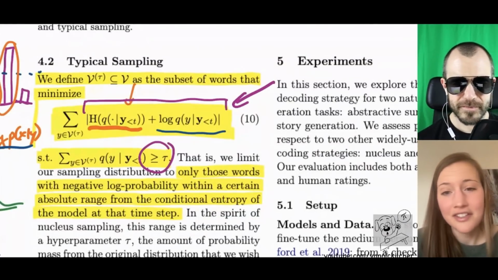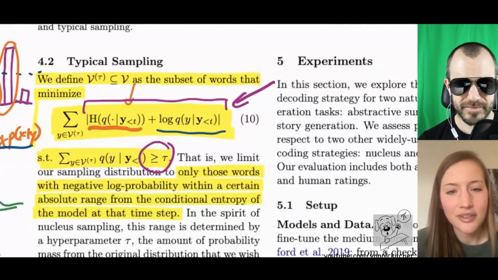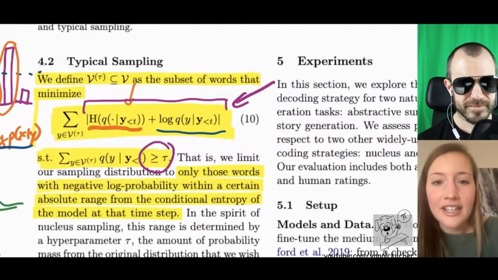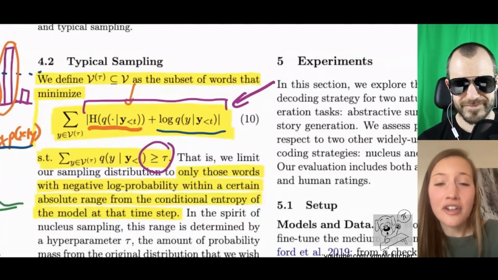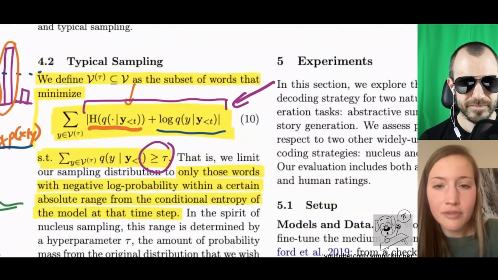No, I think that's a great question. Why absolute value versus squared distance, and why the hard cutoff? To be honest, I think this was the original instantiation of the idea, was just choosing words from near the expected information content.